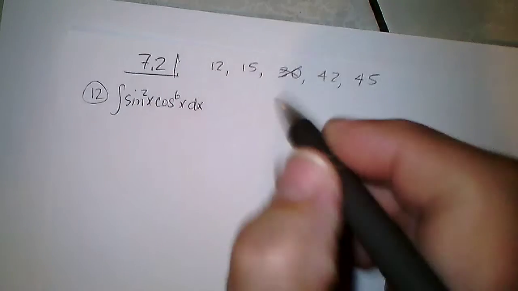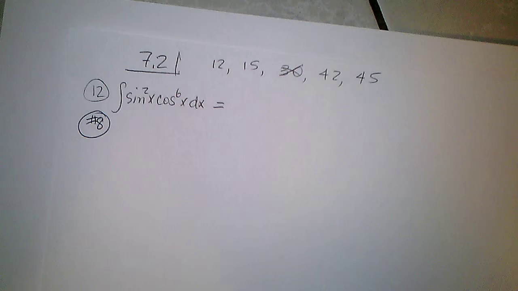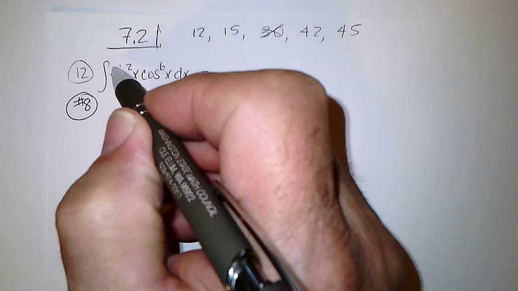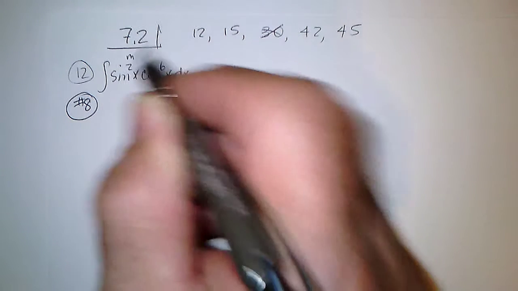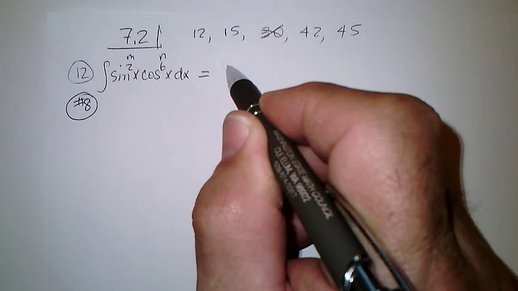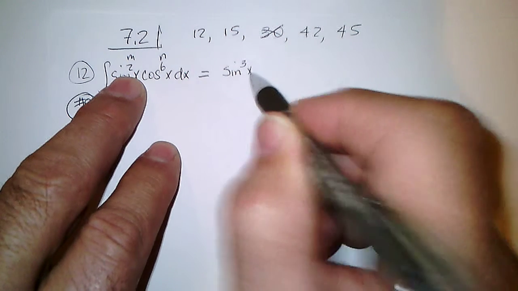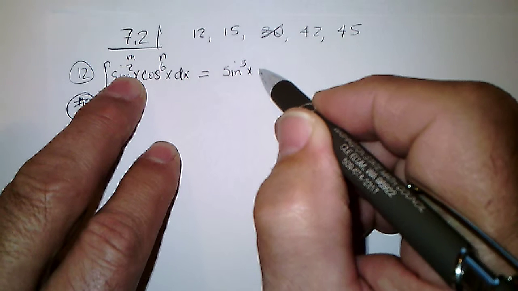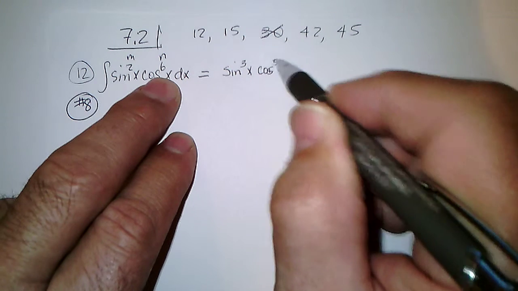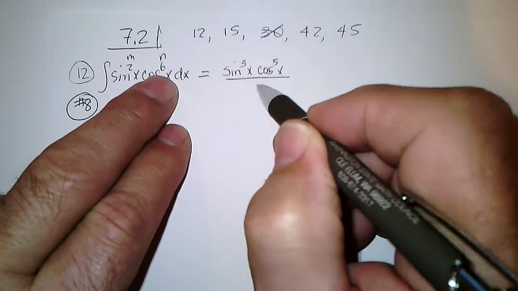So using number 8, the m is 2 and the n is 6, and it equals the sine of m plus 1, so that'd be sine cubed of x, and then it's the cosine with 1 less, so that'd be cosine to the 5th x over m plus n, so that's 2 plus 6, that's 8.